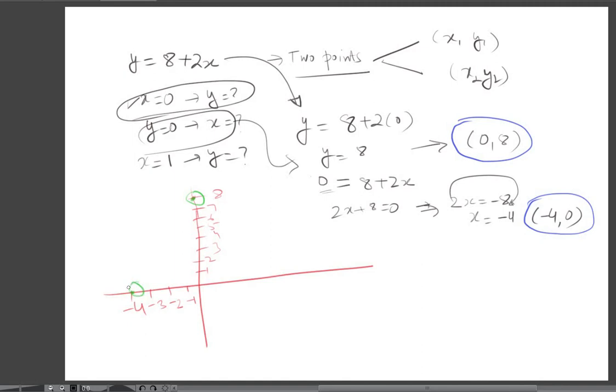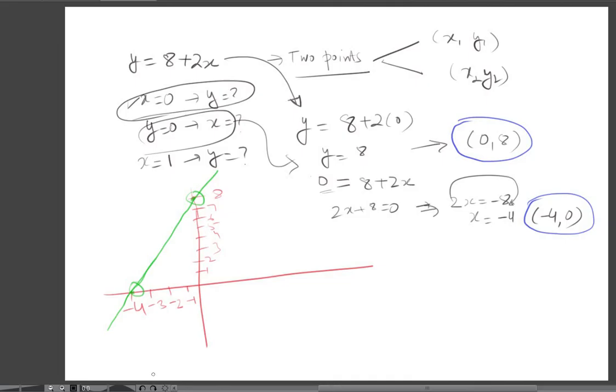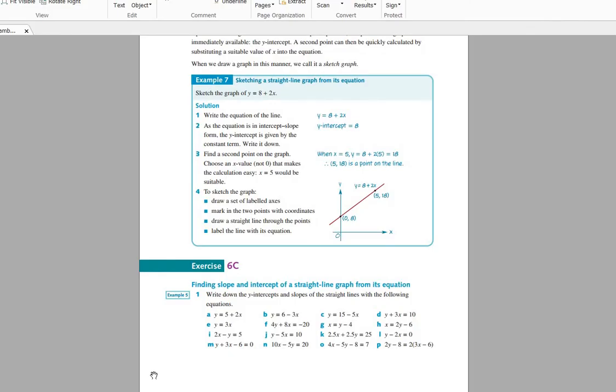And I just draw a straight line with the scale. So that's the equation. Got it? Yes.